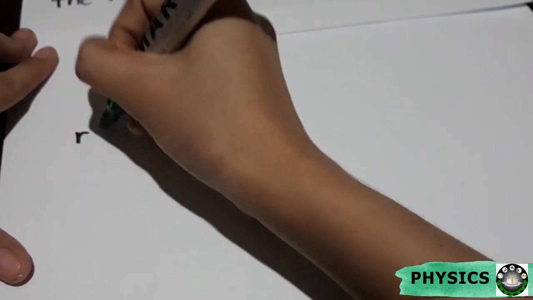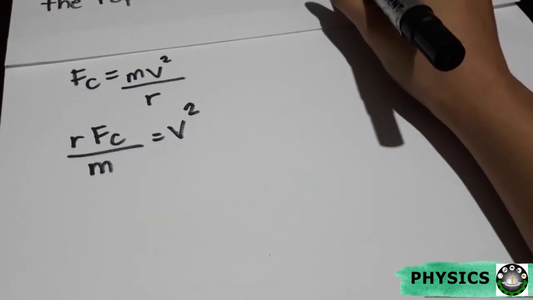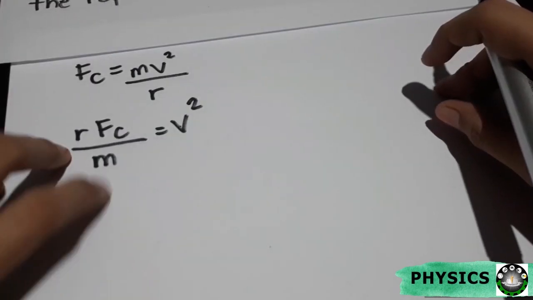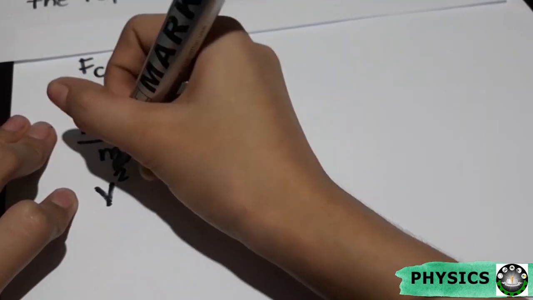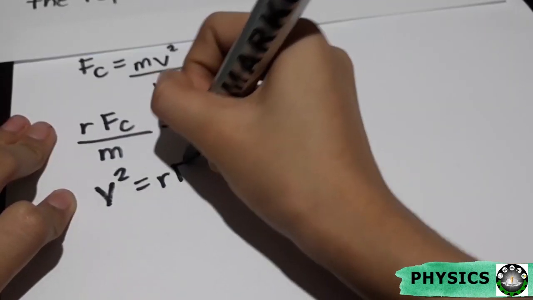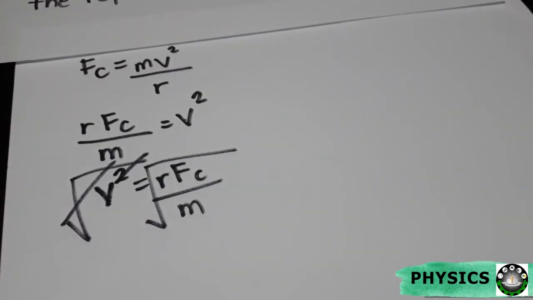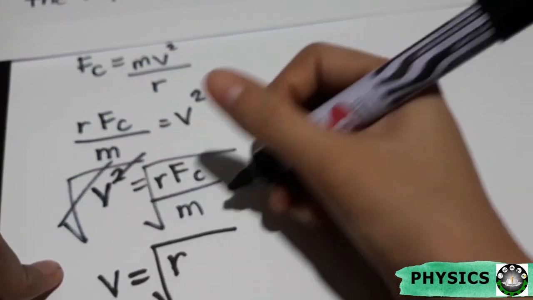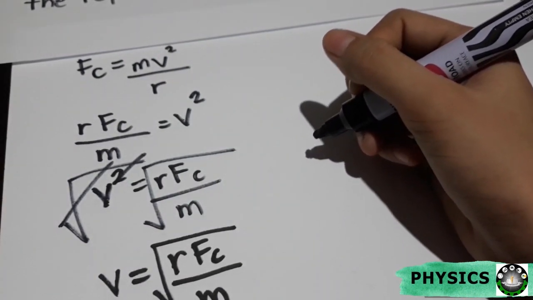And then we have v squared is equal to radius multiplied to centripetal force over mass, then we have speed is equal to square root of radius multiplied to centripetal force over mass.